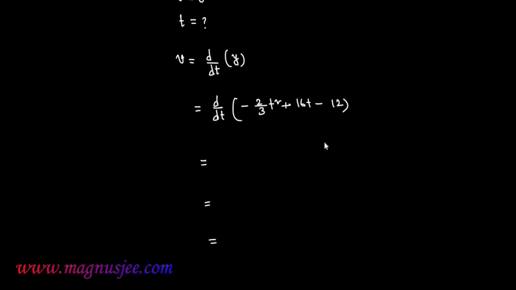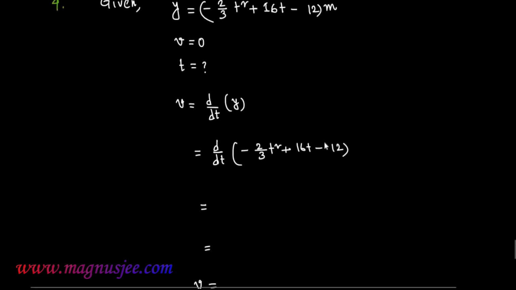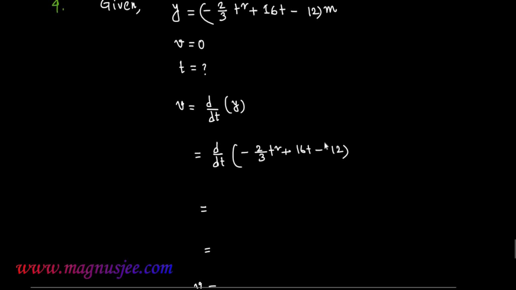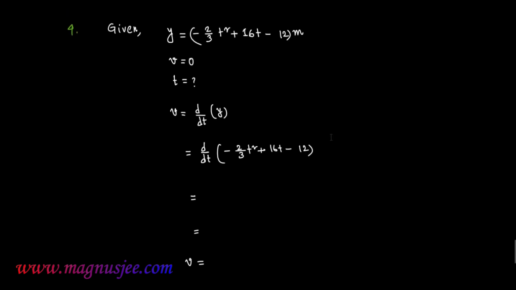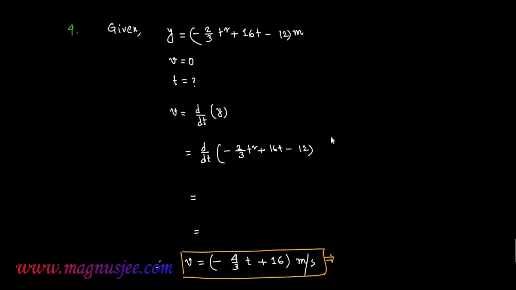What will be the final result? Minus 4 by 3t plus 16 only, no? That is the expression of instantaneous velocity. If there is no time, we can directly use the formula.